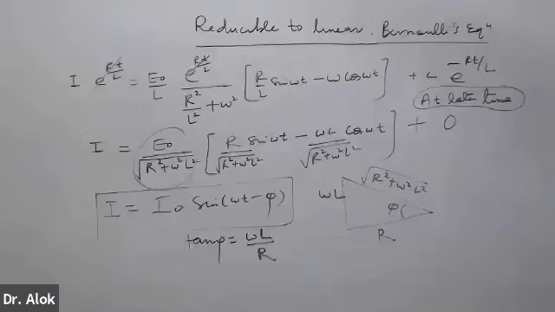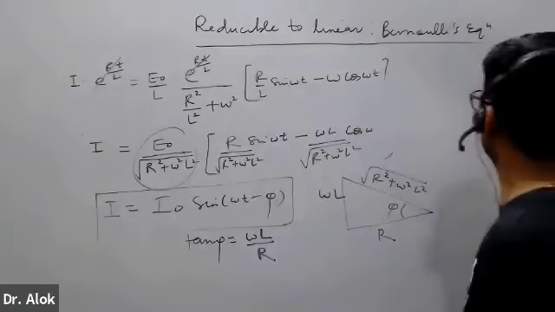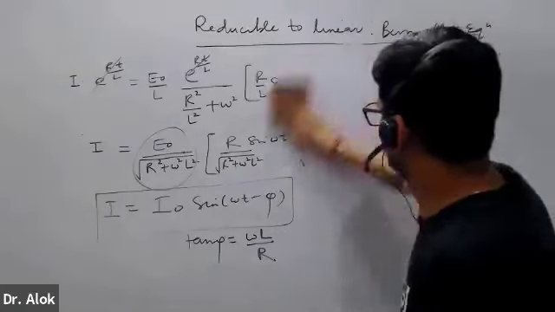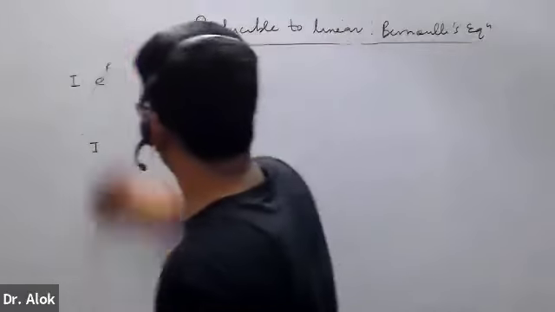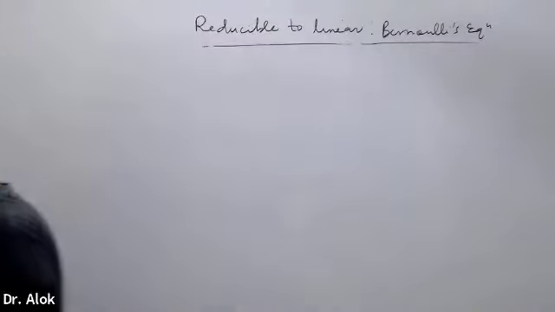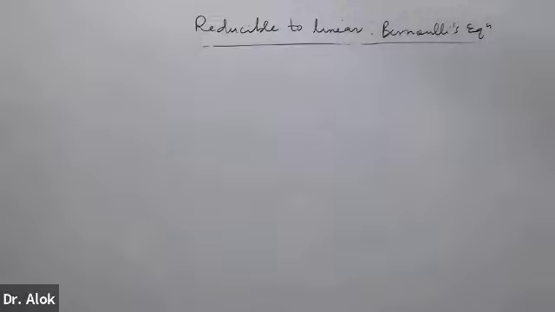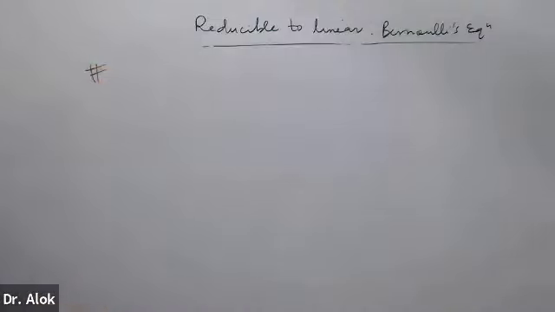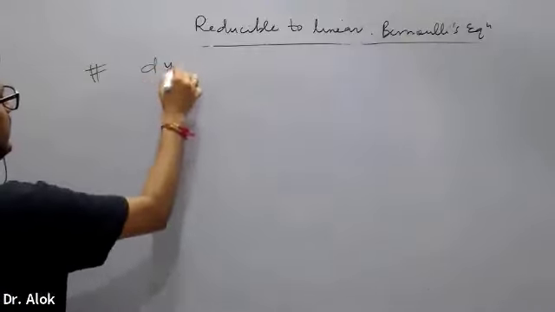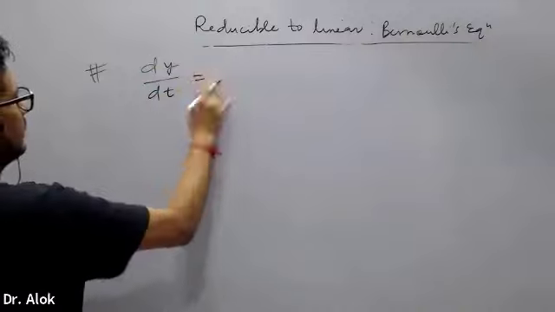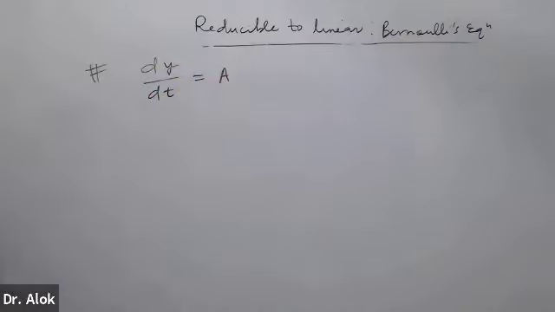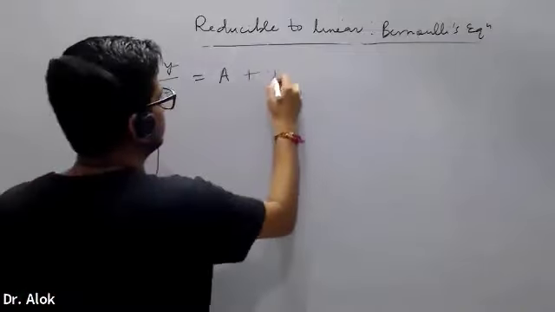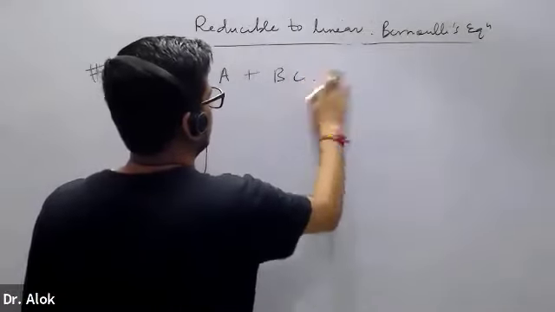So now let me take another equation, and that equation will tell you about the biological use of a first order differential equation, and that is like this: dy by dt is equal to a plus b cos omega t.